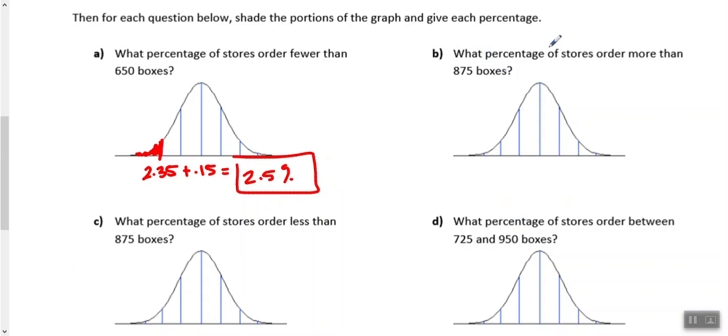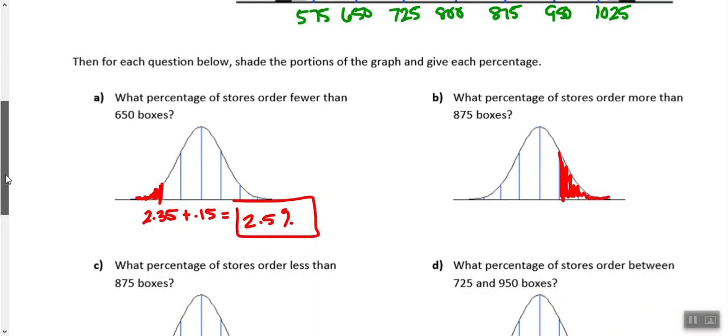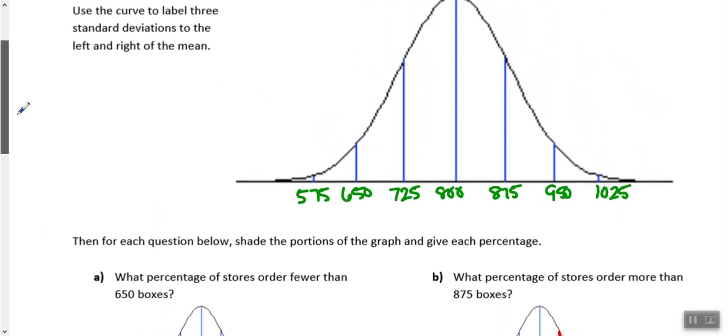Part B says what percentage of stores ordered more than 875 boxes. So 875 was 1 standard deviation above, and I want everything more than that. So I'm going to shade in my graph, and then I can also reference up at the top.